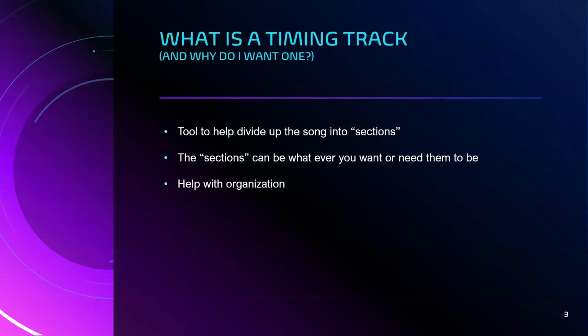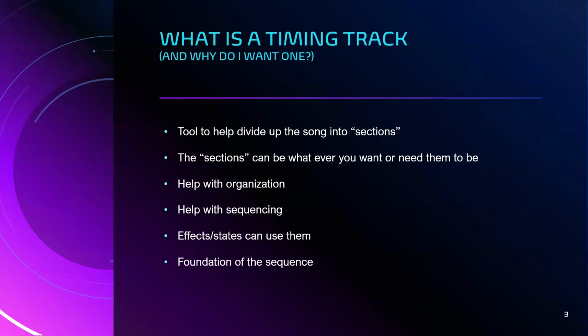It helps with organization when you're sequencing. It'll help you be a more efficient sequencer. And when we get really down to it, effects and states can reference the timing tracks and use them to create some automatic effects.